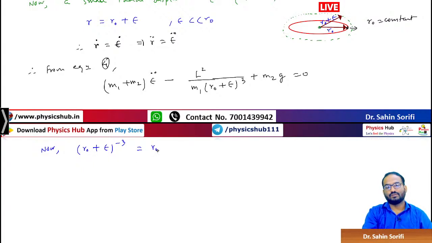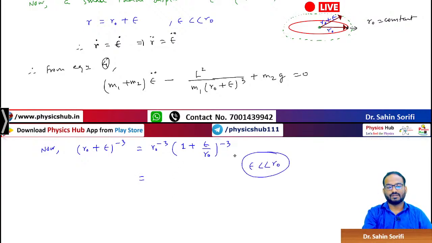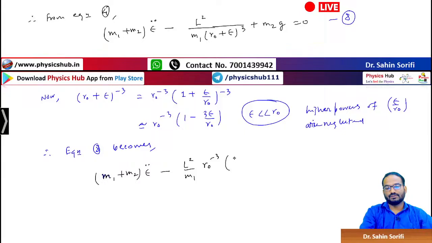If we take R naught common, it will come out as R naught to the power minus 3, 1 plus epsilon by R naught to the power minus 3. Since epsilon is much less than R naught, we can just expand it in series. R naught to the power minus 3, times 1 minus 3 epsilon by R naught. This is equal to minus M2G.